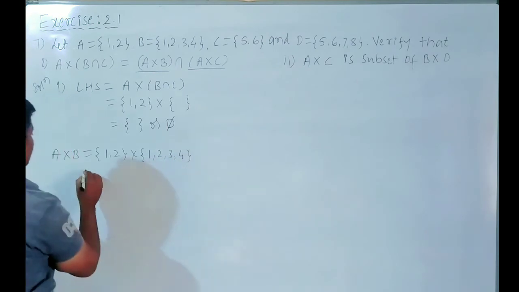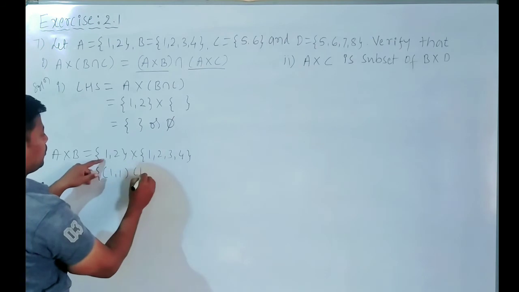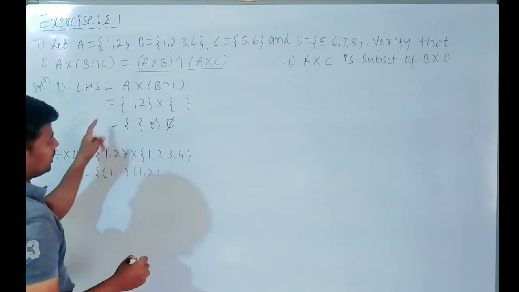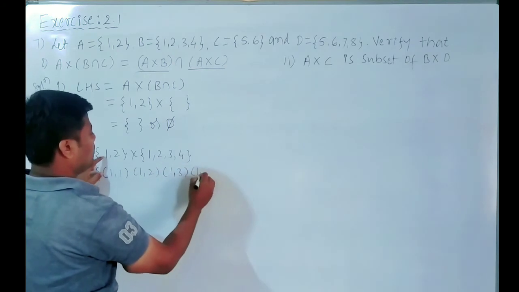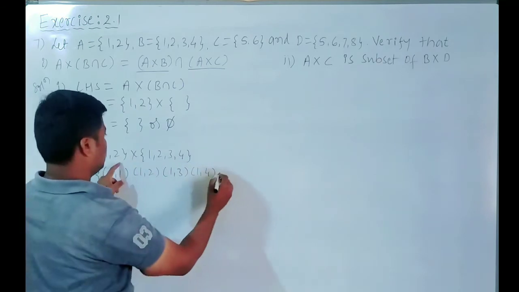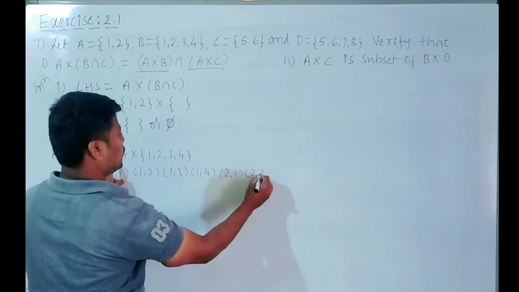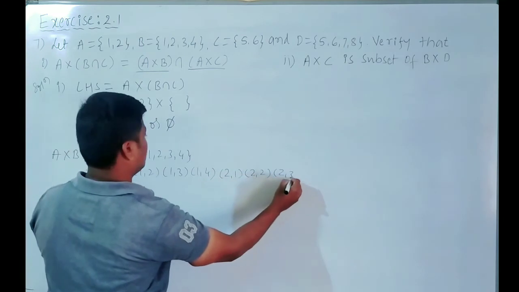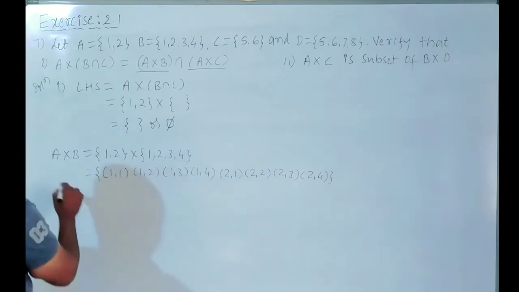Cartesian product: fix 1 and map to the elements on this side: 1, 1, 1, 2, 1, 3, 1, 4. Okay. Next 2, fix 2: 2, 1, 2, 2, 2, 3, 2, 4. So this is A cross B.